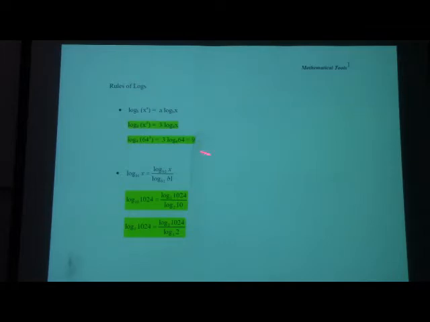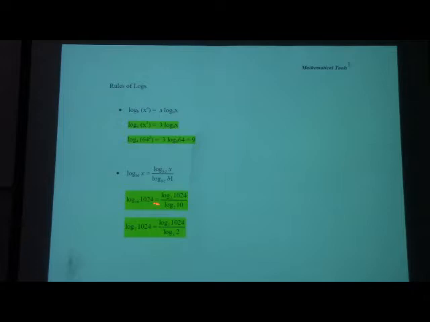And this is the change of base rule. If you have a log of one base of x, you can say that's the same as the log to another base of the same x, but you have to divide it by the log of the old base to the new base. So for example, here we're trying to convert base 10 to base 2. The old base is 10, the new base is 2. So log 1024 is log base 2 of 1024 divided by log base 2 of the old base.